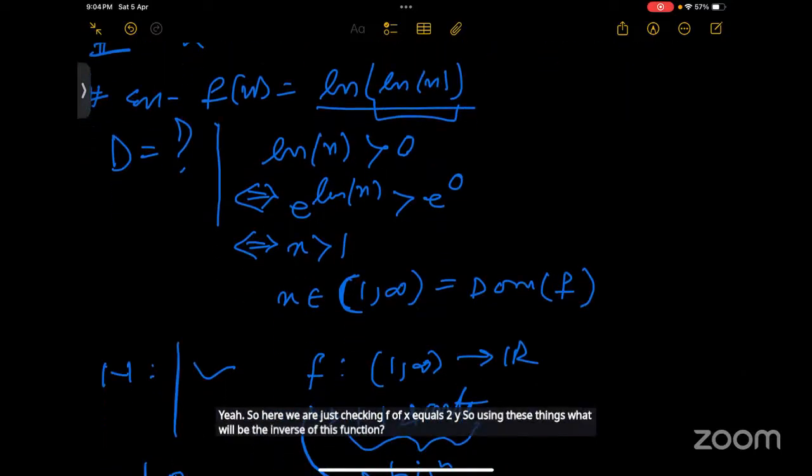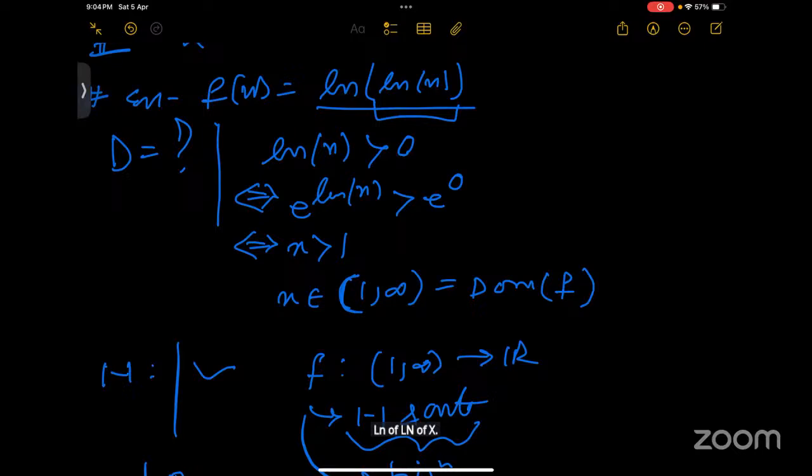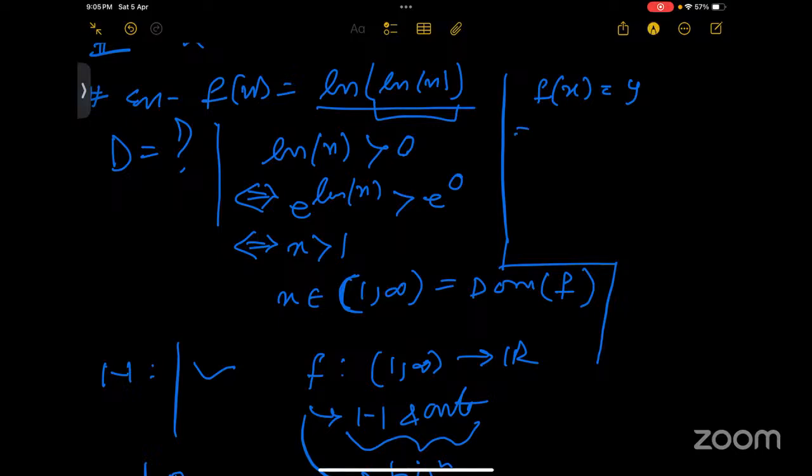Ln of x. So y is equal to ln of x. Then you replace x with y and y with x.